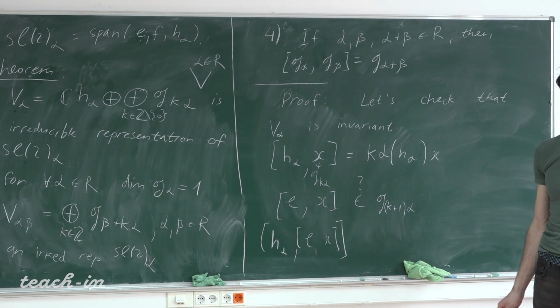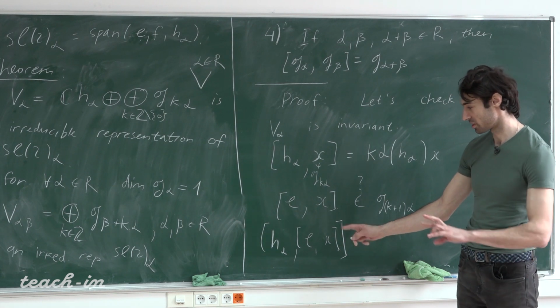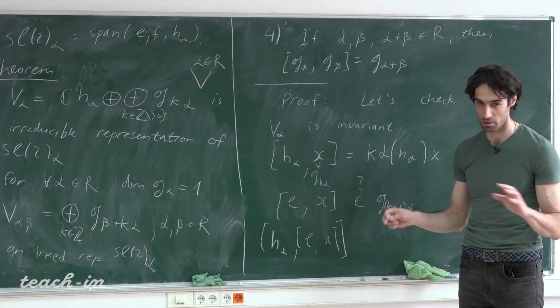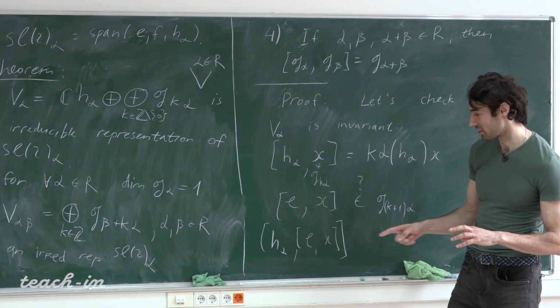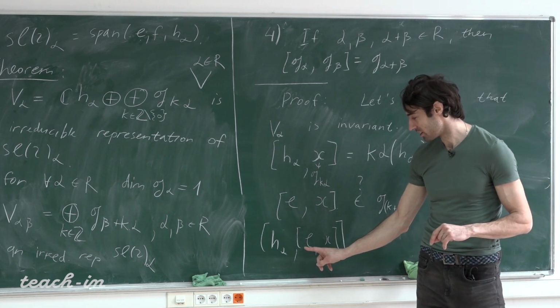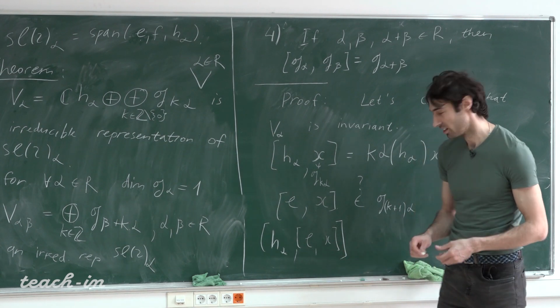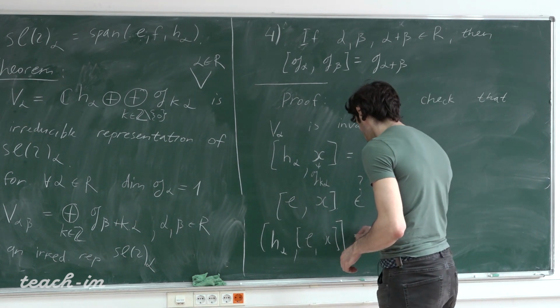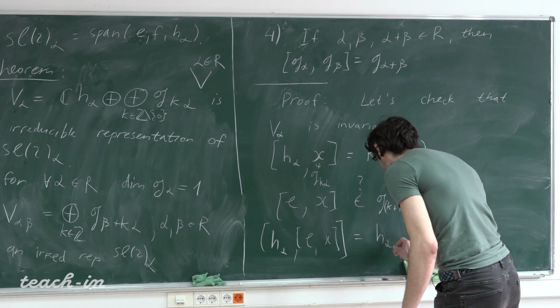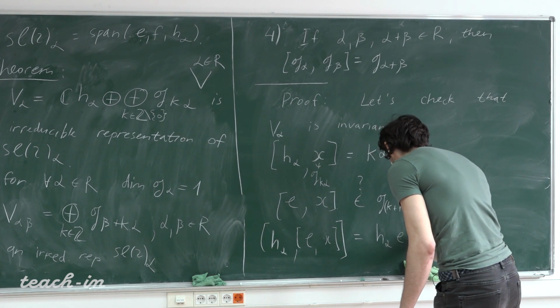But maybe let me not use brackets, because I will have a lot of commutators. So I will just write E next to X, and it means that it acts. So I have H alpha E X.